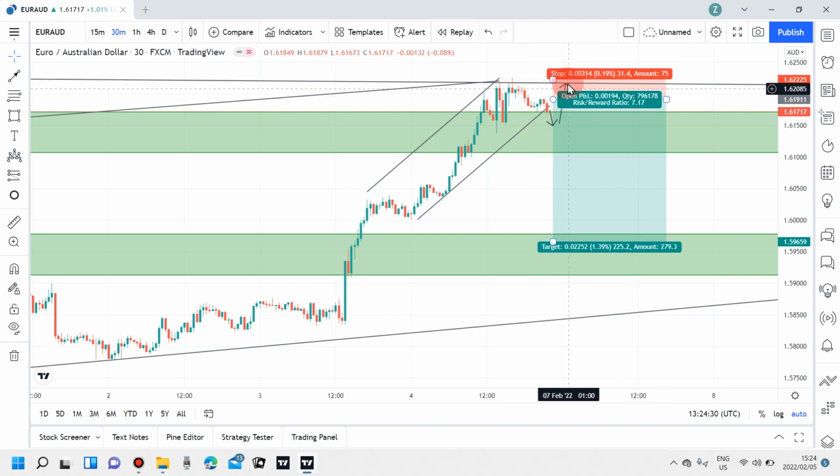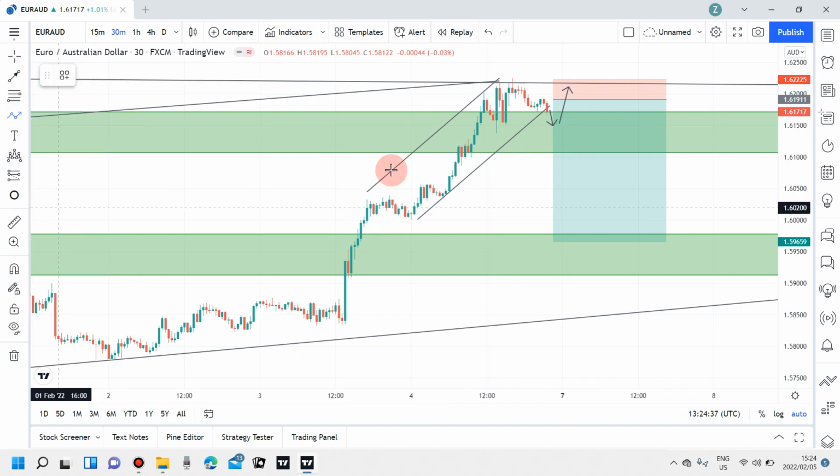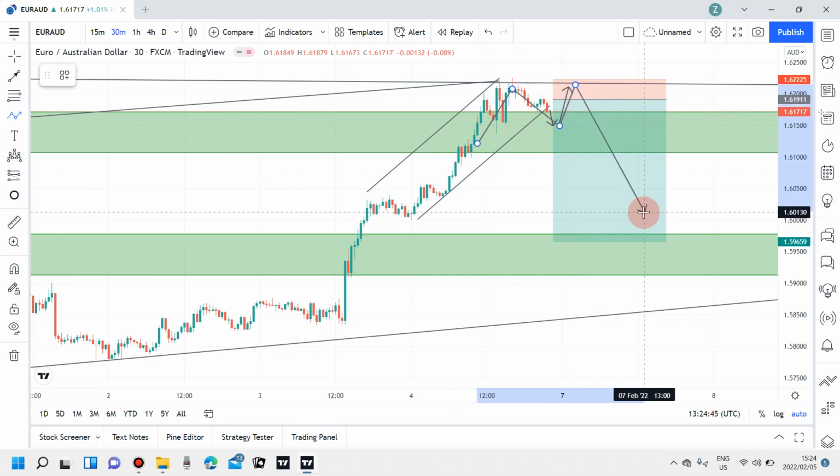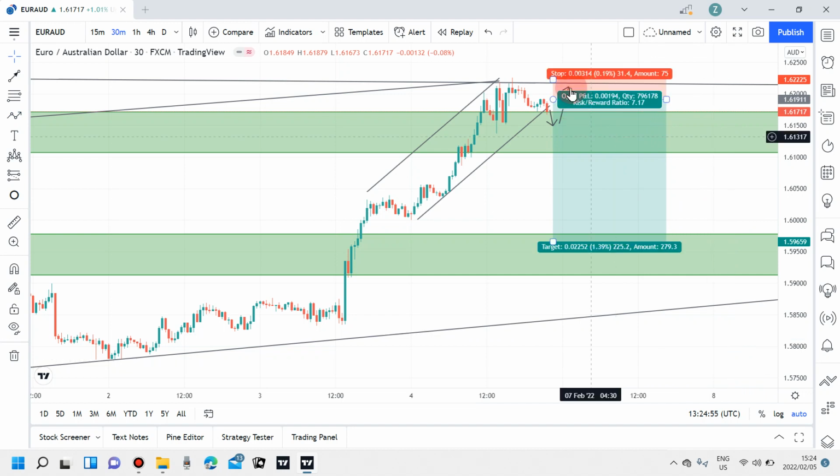that the market might form a double top formation. As you can see here, it might form this double top before it actually moves to the downside, and then people complain saying that forex is a scam. It's not. The problem is where you place your stop loss.